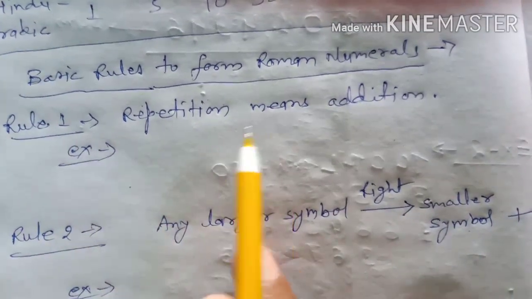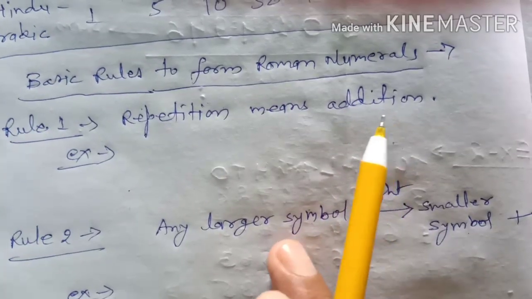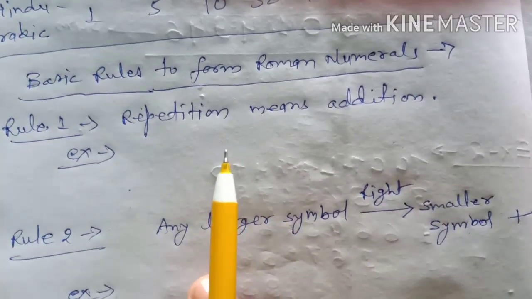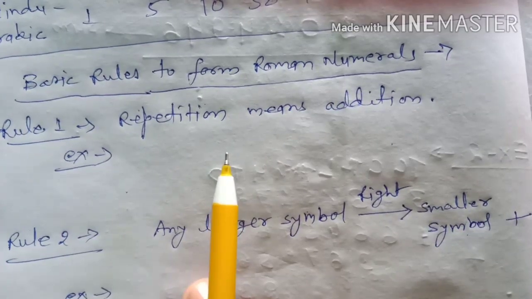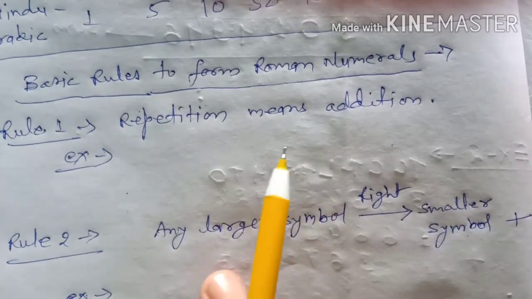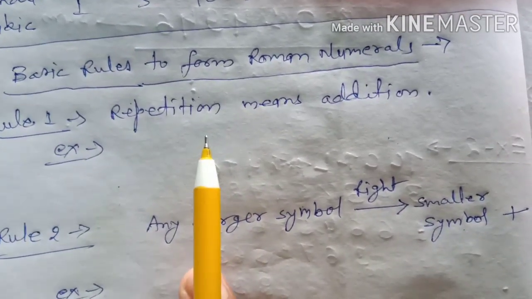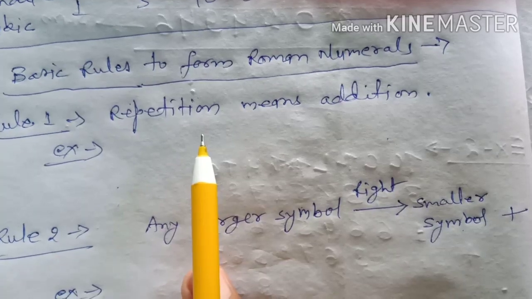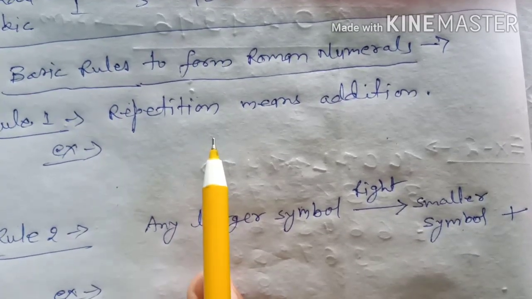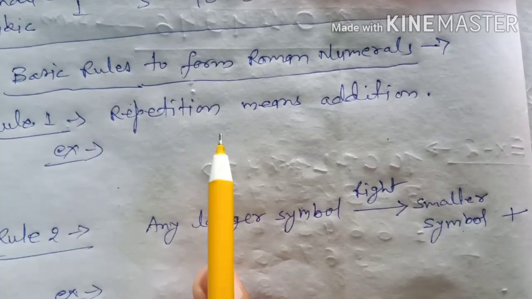Rule 1 is repetition means addition. When we form Roman numerals with symbols, if any symbol is repeated, that means the numerals will be added.